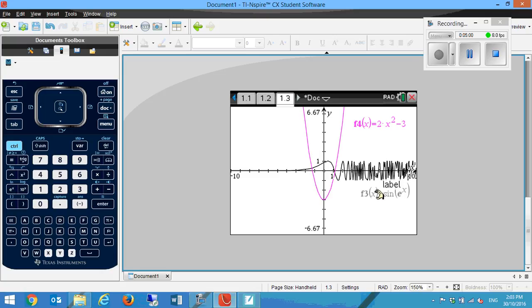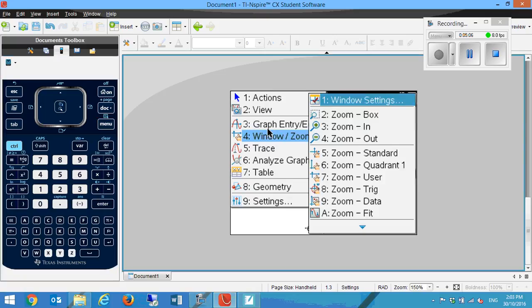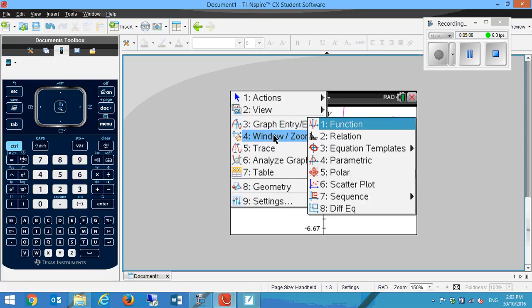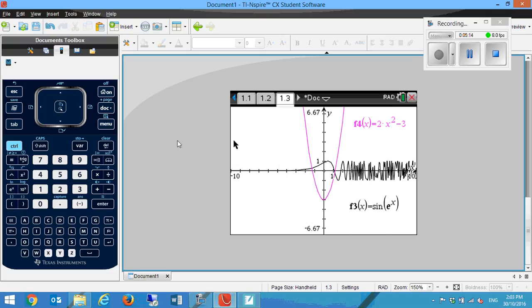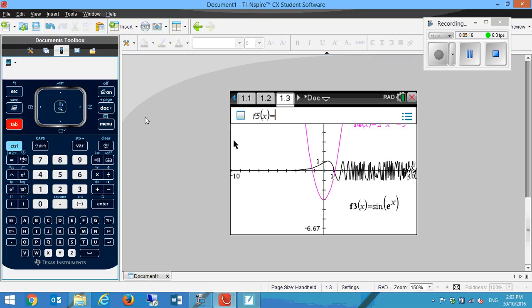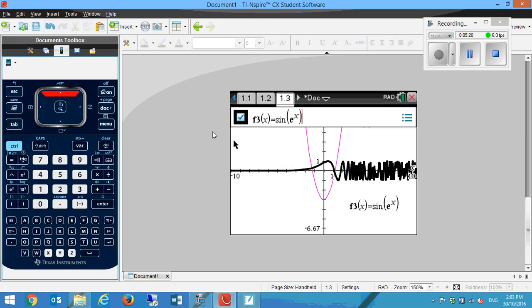All right, and what we could do is limit the window. So you can either go to Window and set that in your window settings to that domain. Another way of doing that is when you're typing in your actual function, set your domain straight away. If you want to set your domain, you go over to here.